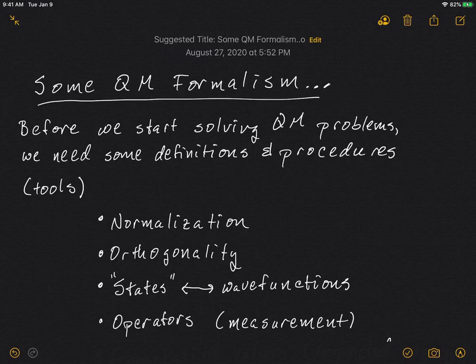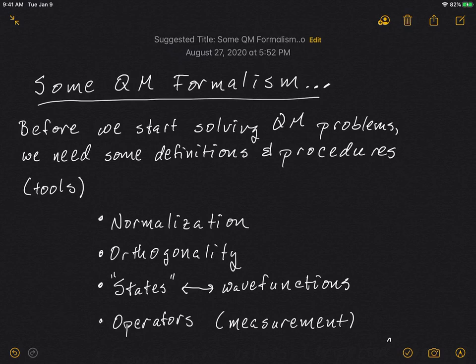Now the drawback of the approach that I'm taking is that we don't really get to necessarily see how these definitions work for a little while, until we're finished with this set of definitions and procedures, and then we can move on to problems.